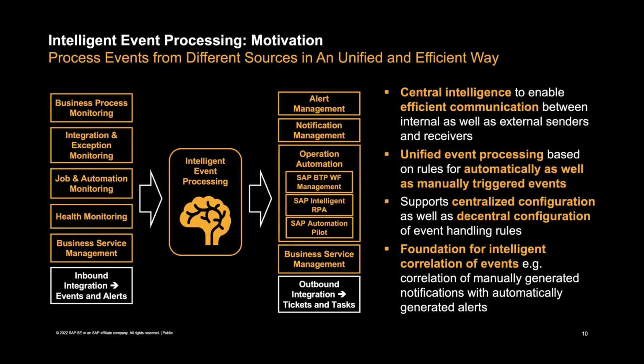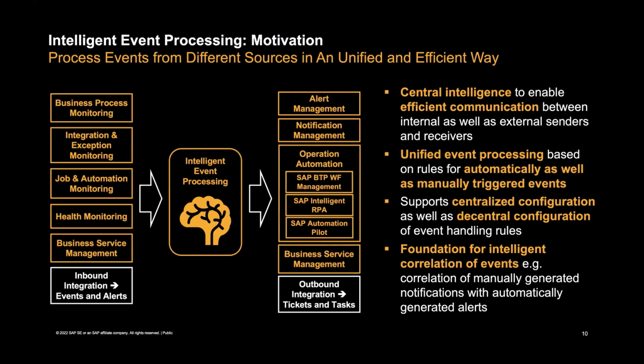The intelligent event processing will further provide the foundation for the intelligent correlation of events, especially in situations where events are flooding the landscape. For example, you have a certain infrastructure issue, and due to this infrastructure issue, you have a lot of business application issues. It is not useful to send all these business application issues individually to all the individual recipients.